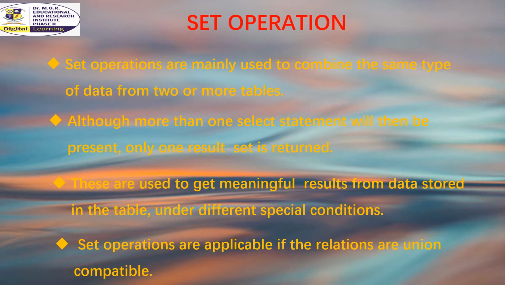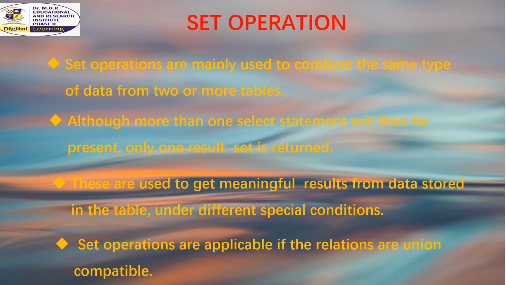Set operations are used to get mathematical results from data stored in the table under different special conditions. Next one will be, set operations are applicable if the relations are union compatible.